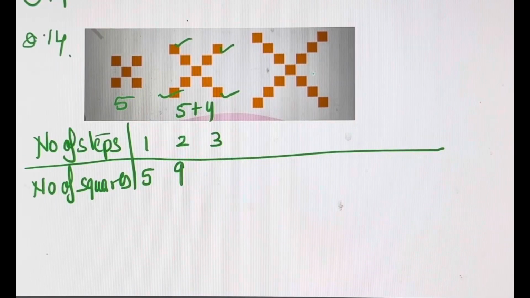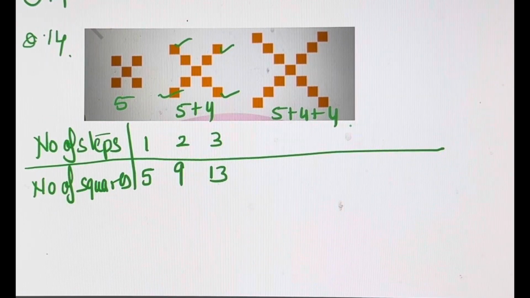Here if you see 5, then 4, and the other 4. So 5 plus 4 plus 4, that is 13 squares are there. Right? So I am writing this way, 5 plus 4 plus 4, so that you understand the pattern, right? So if I split this 5 into 4 plus 1, so everywhere it will be 4 plus 4 plus 4 and one more than that, right?